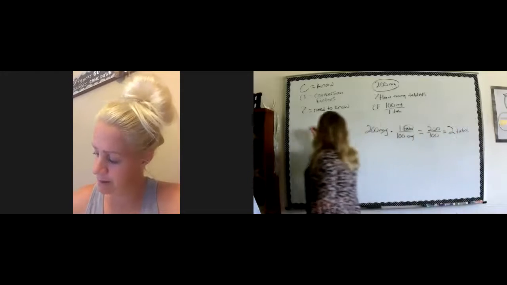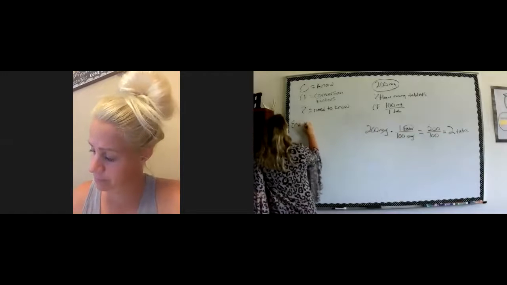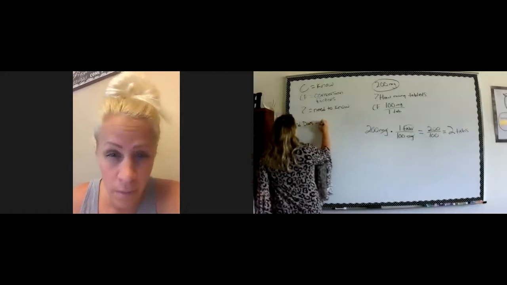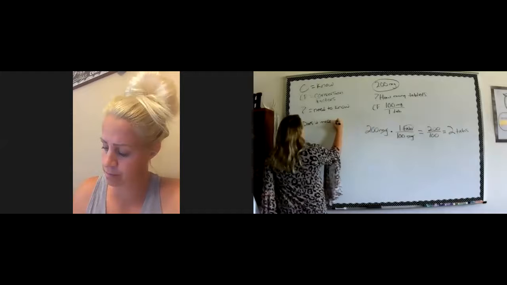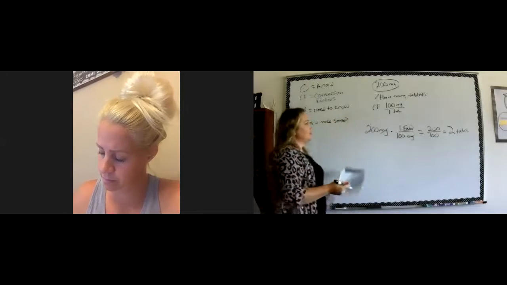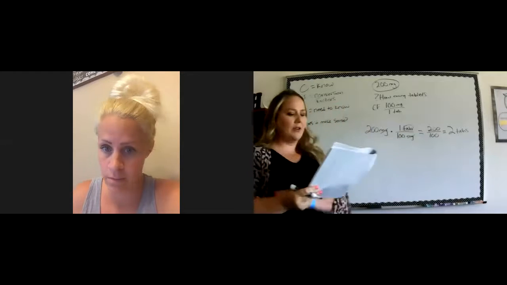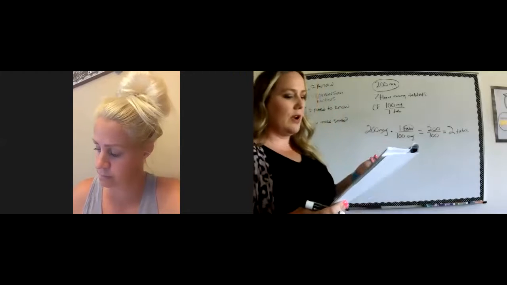Always at the end, I'm going to write over here, I want you to ask, does it make sense? Because let's be honest, at the end of the day, you're nursing, right? You could do this math all day, but does it make sense? So if I read this problem, a nurse is preparing to administer this drug, 200 milligrams PO daily. The amount is 100 milligram tablet.